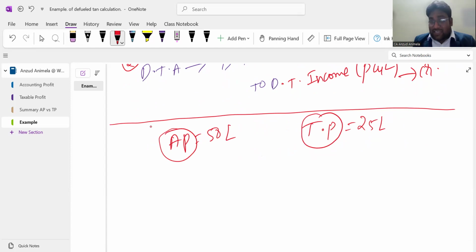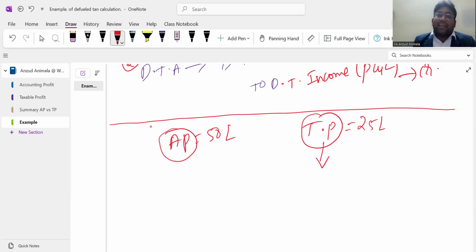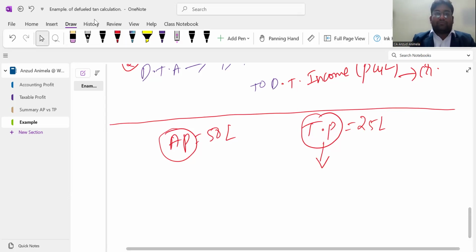We can see and understand this in further coming classes, because there are some items which make differences. Under the Companies Act, the treatment of a particular item is different, and under the Income Tax Act, the treatment of that item is different. That's why the differences arise. We can discuss this in forthcoming classes. Thank you.